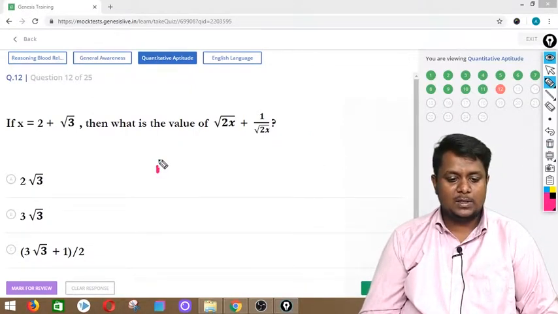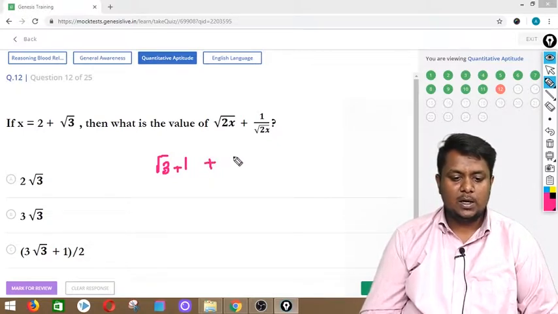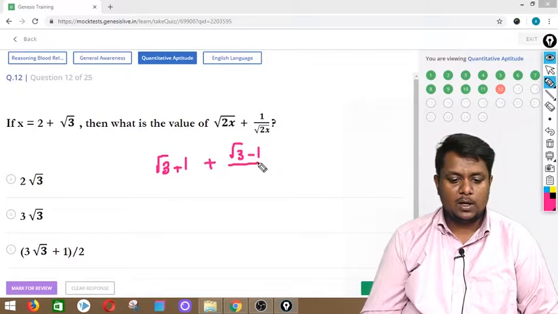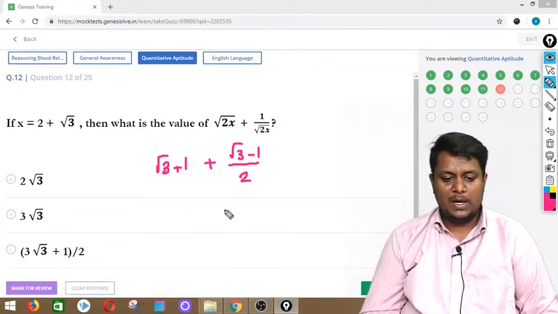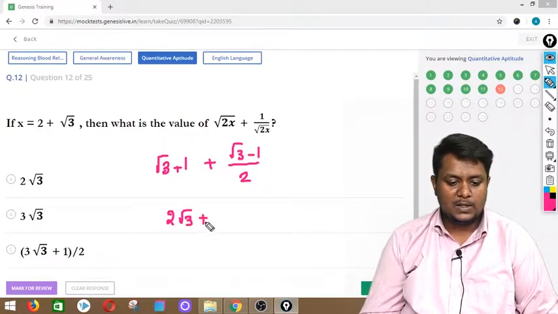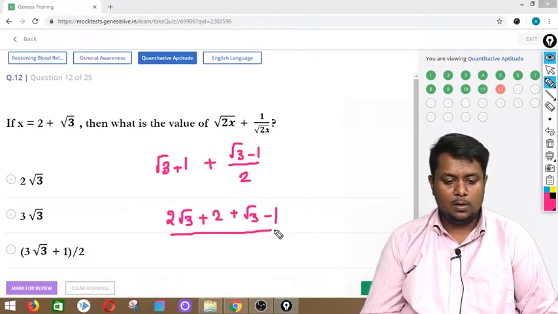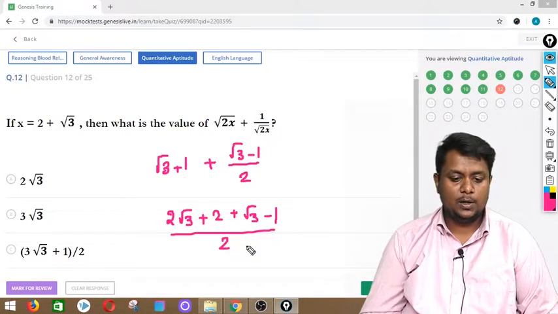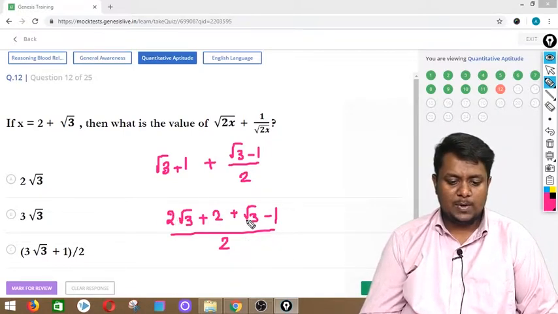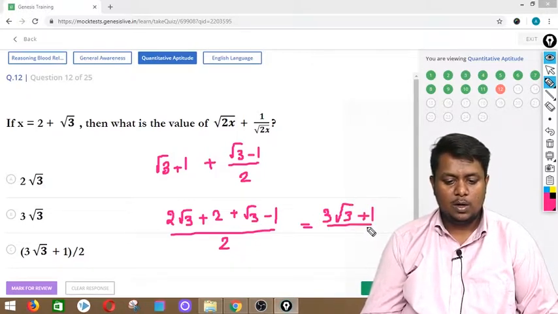Root of 2x is root 3 plus 1 and 1 by root of 2x is root 3 minus 1 divided by 2. So let us multiply it completely with 2, we will get 2 root 3 plus 2 plus root 3 minus 1 whole divided by 2. 2 root 3 plus 1 root 3 is 3 root 3, plus 2 minus 1 is plus 1, whole divided by 2.